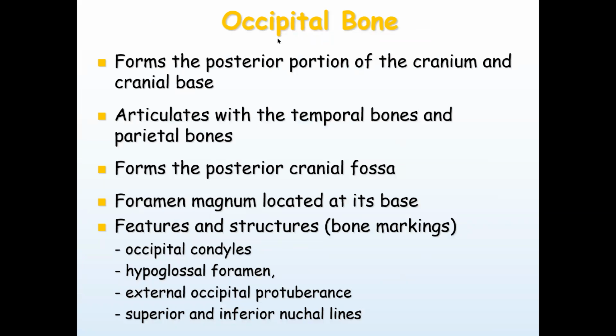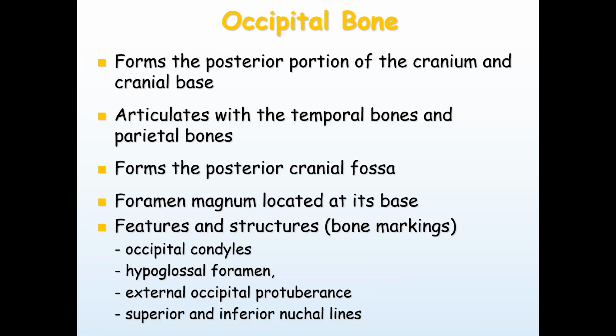Now, your occipital bone is pretty important, okay? Remember, that is the one at the posterior of the cranial vault. That's the back of the head, right? As it mentions here, it articulates with the temporal bones as well as the parietal bones.